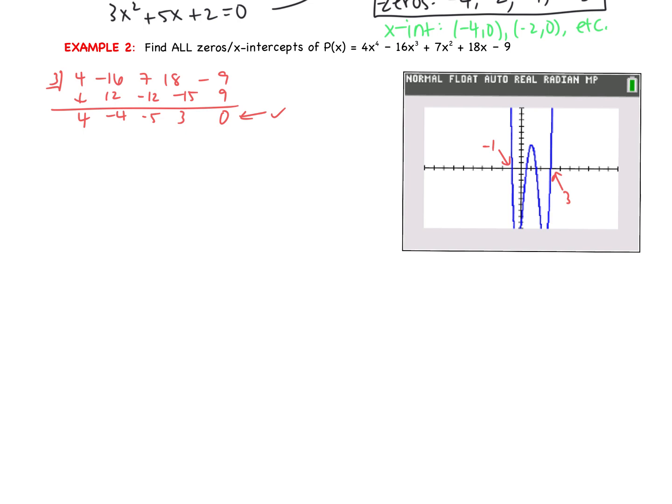So now we're going to use that value of -1. Remember, bring these numbers down. Don't start again. You're doing synthetic division until you get down to x squared. If we started with x to the fourth, this is x to the third. That's why we have to do synthetic division again.